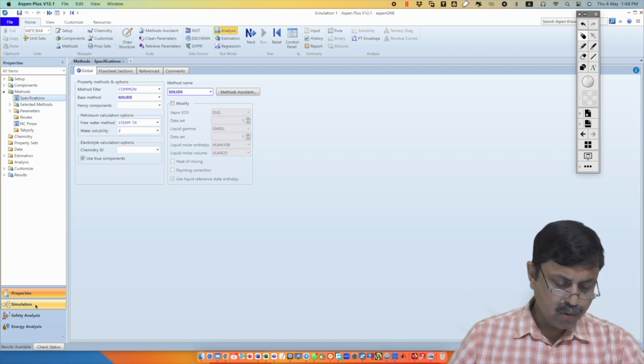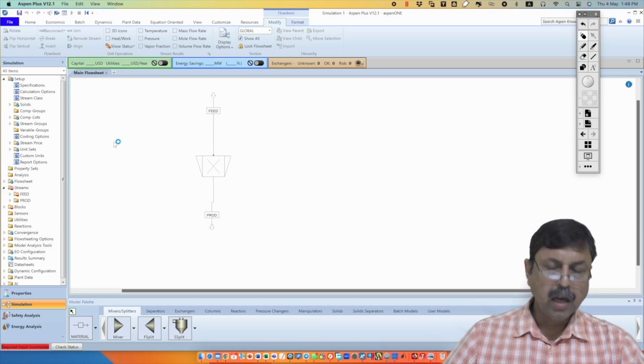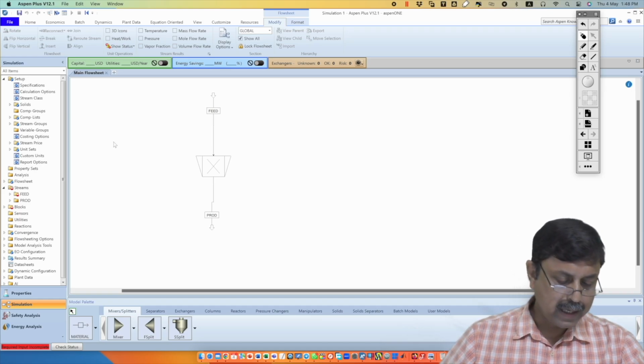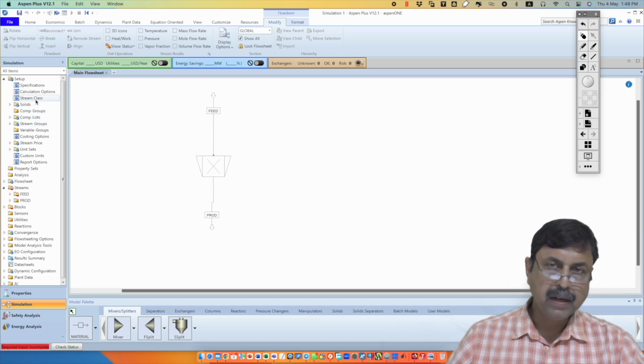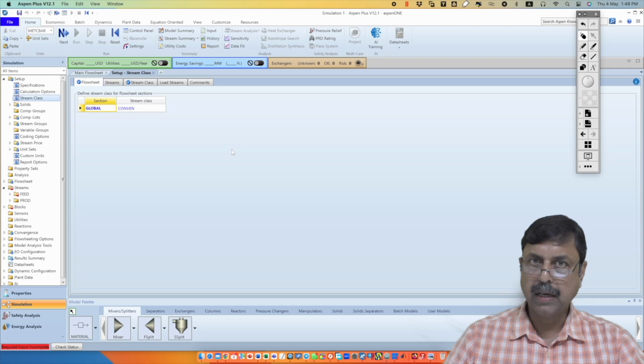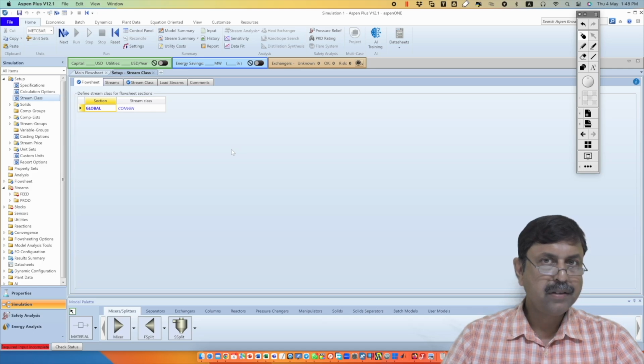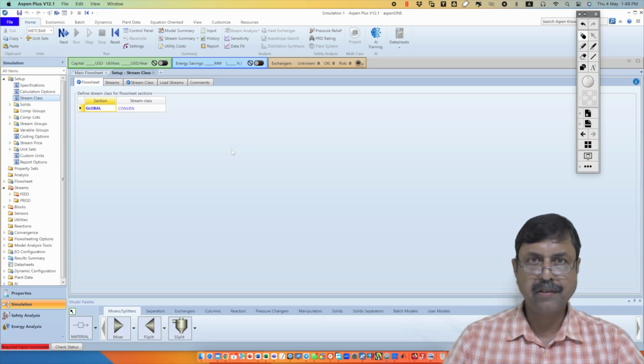Now let us go back to our simulation window. Here, first we have to do two things. One is to define a stream class. Mind that this is not a conventional stream class. It is a conventional solid stream class with particle size distribution.